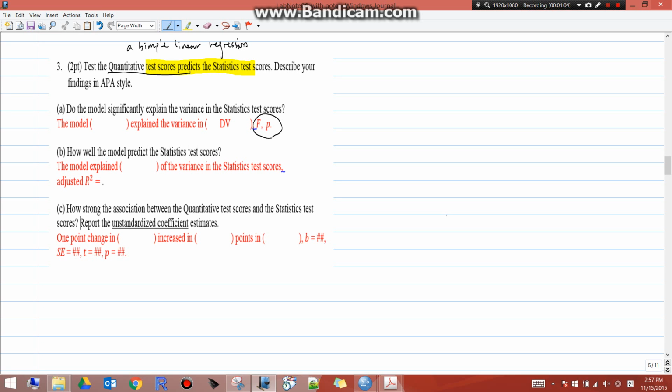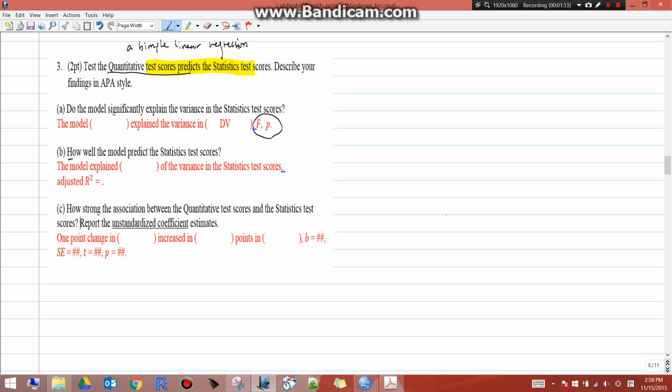And then the second question, how well the model predicts the statistics scores. Once we find out that our model significantly explains the variance in the outcome, then we are interested in the strength, the amount or the degree of how our model predicts the statistics test scores.